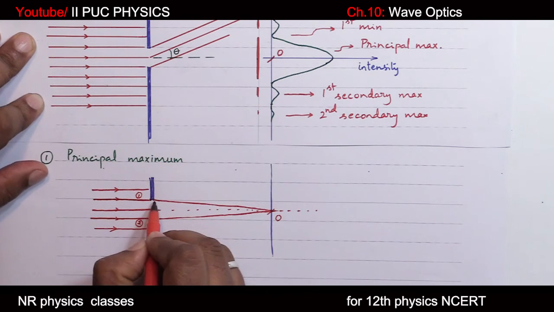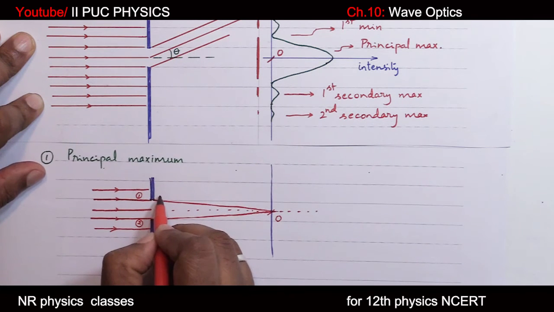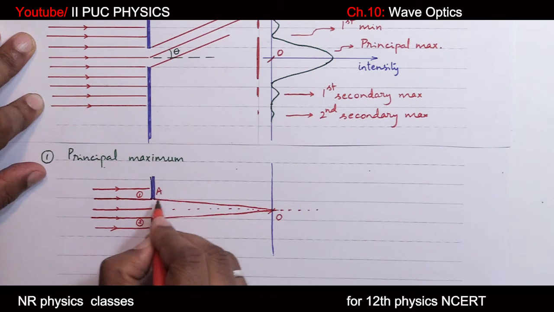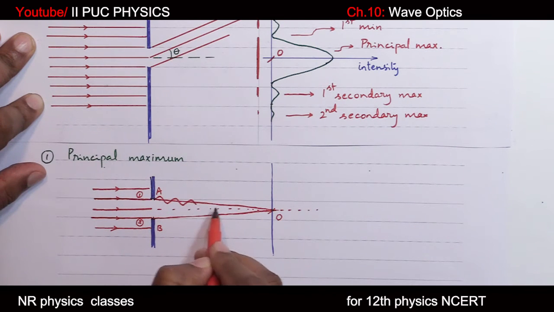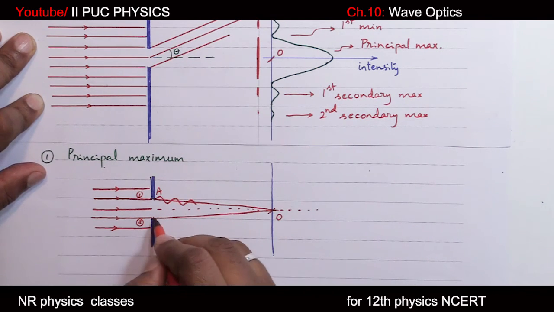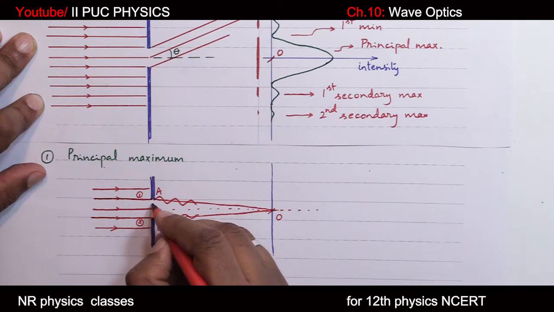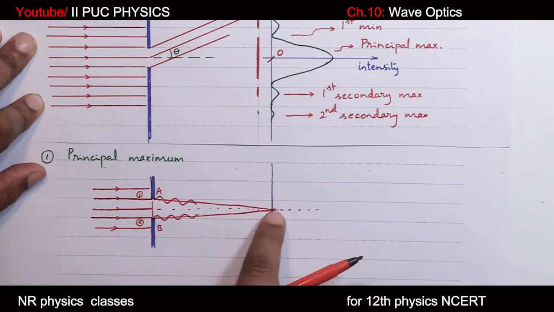So consider waves from these 2 points. Let me represent this point by A and this point by B. Wave from A travels some distance to reach O. Similarly, wave from B also travels the same distance to reach O. If you can see, you can easily construct an isosceles triangle.